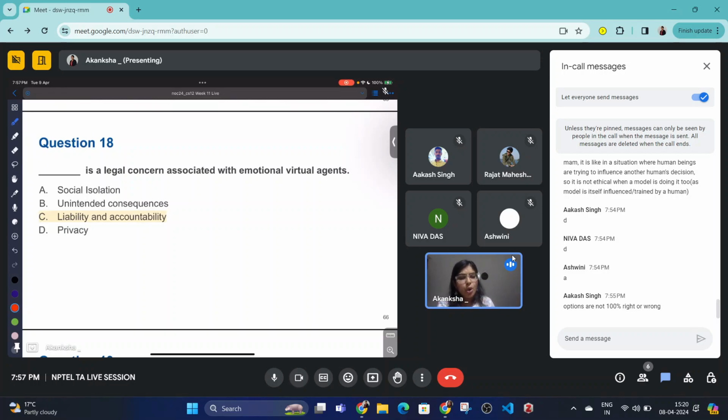Social isolation is not a legal concern, because we will see what social isolation means. Unintended consequences means some side effects, right? It's not exactly the legal aspect. Privacy, there should be liability if some privacy breach is going on. It's not directly a legal concern. Or you can say, actually, it depends on your perception. But for now, we are saying C.